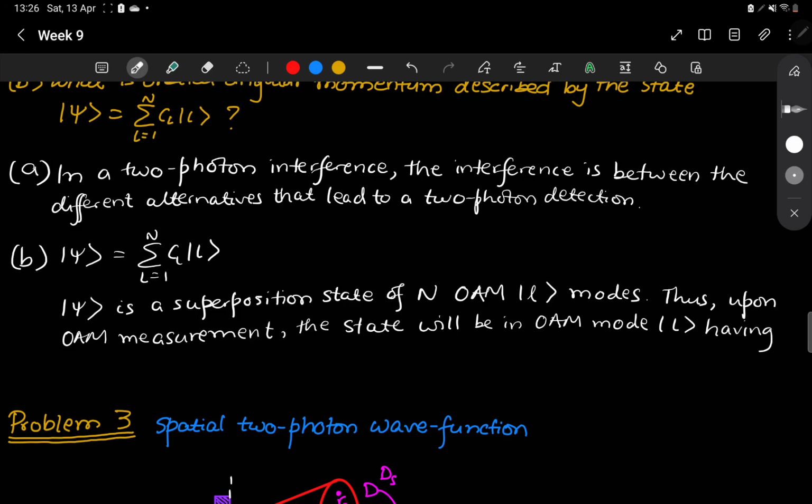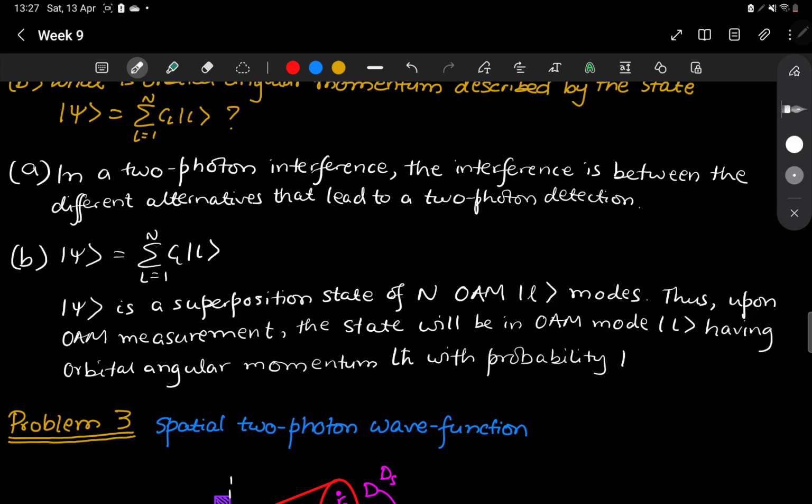Which has orbital angular momentum L h-bar with probability mod CL squared.